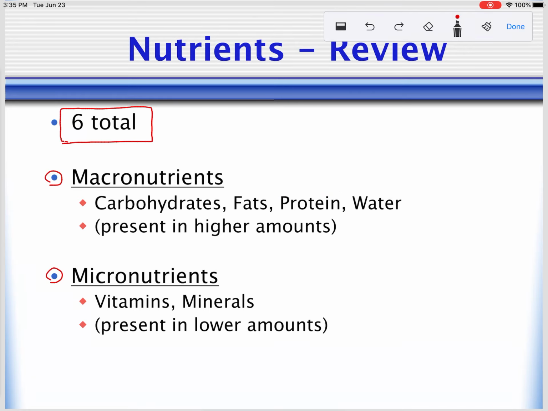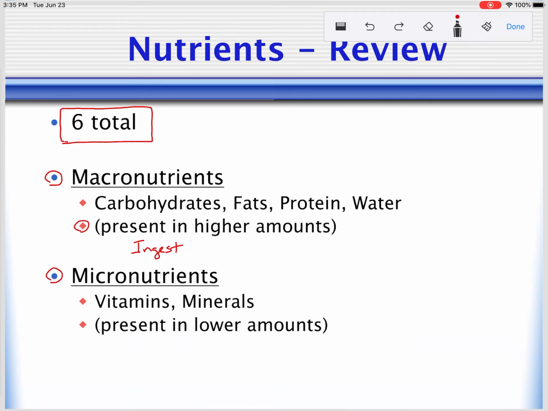Instead, a macronutrient is something that we need to ingest in higher amounts, or it must be present in our body in higher amounts. So make sure you know this definition, and then make sure you know which nutrients fall under the category of macronutrients. Carbs, fat, protein, water.